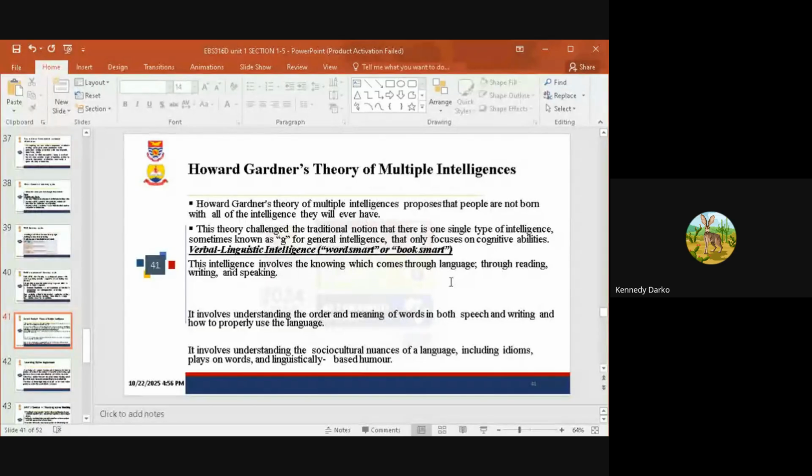In speech and writing, we look at how properly one uses the language, and then someone gives feedback. We also look at the socio-cultural nuances of language, such as idioms, how people use idioms to express themselves in ways that others may not understand, and wordplay. So that is what Gardner is saying.